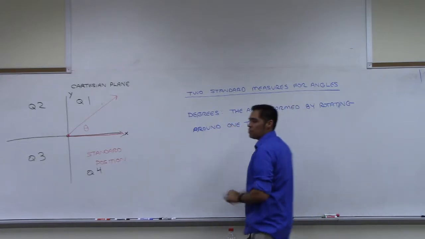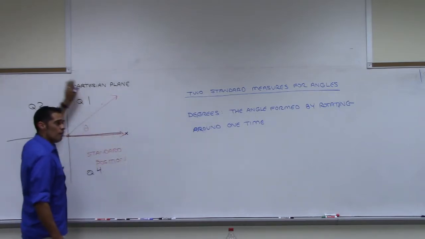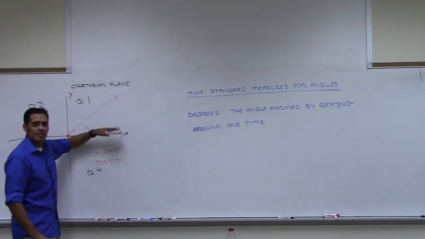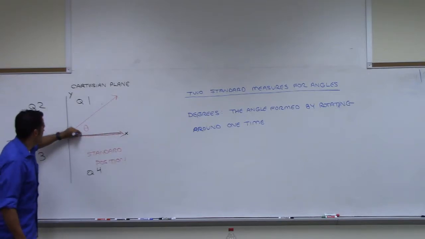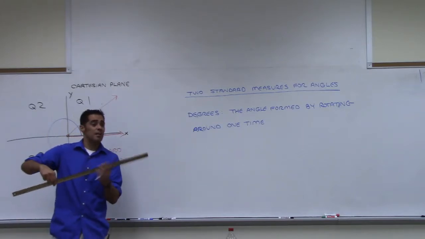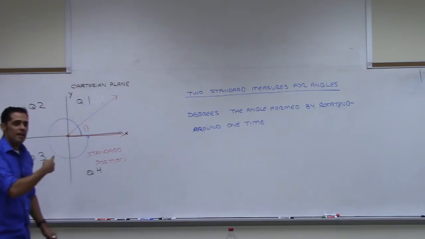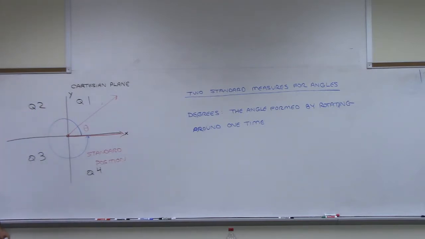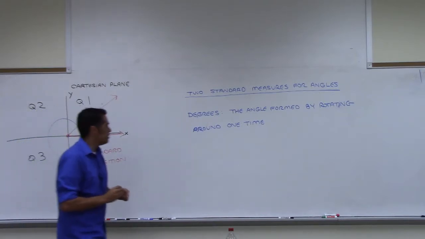That means we're going to start on our initial side, we're going to go around 1 time, and our terminal side is going to land right on top of our initial side again. Right? So that's like this measurement right there. So imagine that's some given length, some given measurement. And what we do is we cut that into 360 equal pieces. So the angle that goes all the way around like this, cut it into 360 equal pieces.